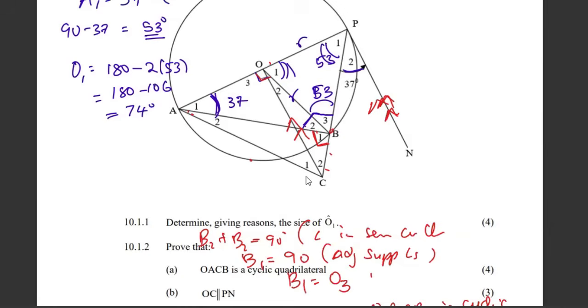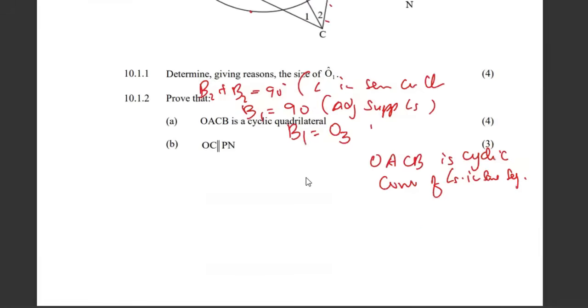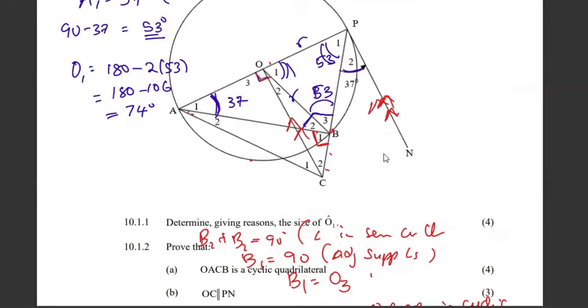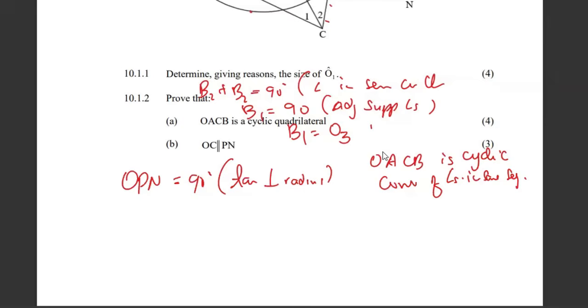I know that OPN is going to be a 90. Reason, the tangent perpendicular to the radius or perpendicular to the diameter. And then if this is a 90, this is already 90. Okay. Therefore, OC is parallel to PN, the converse of corresponding angles.